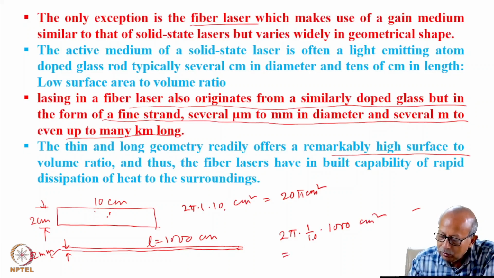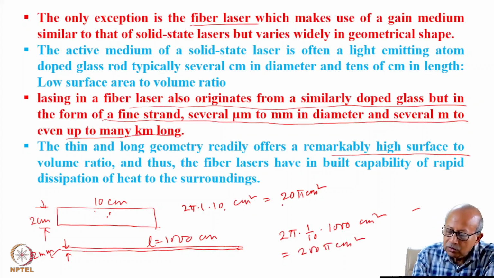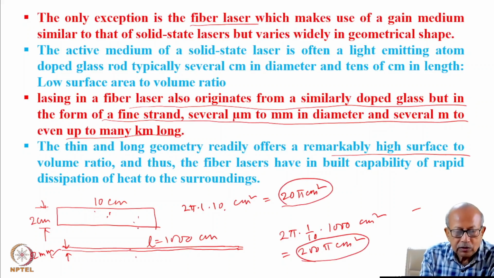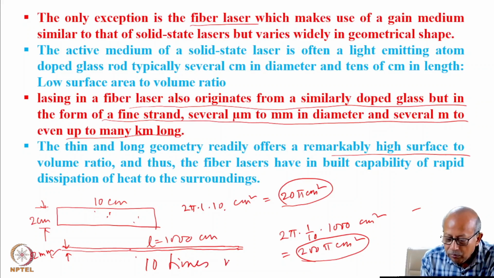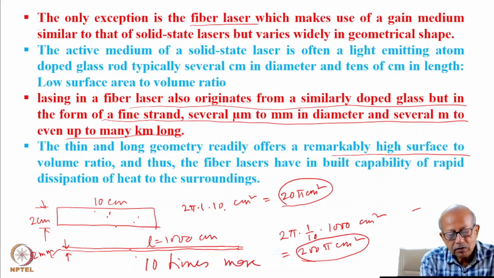So this is equal to 200 pi centimeters square. So you see, its surface area is 20 pi centimeters square, and this is 200 pi centimeters square. So although their volume is same, this has a surface area which is 10 times more than the surface area of this.